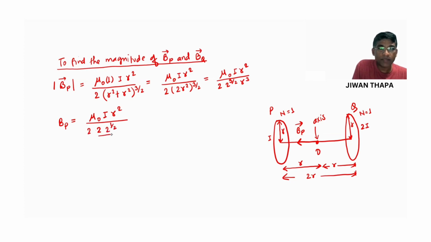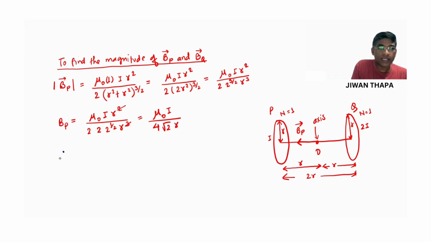Okay, so when the base is same, the power adds up. So we get this. Okay, so I'm writing in this way, and we have r cube at the denominator. So this cancels out. So we get mu naught I by, this is 4, and this gives me under root 2, and we have r.